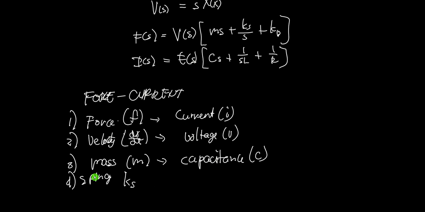Spring constant is equivalent to, this Ks is equivalent to 1 over L, inverse of the inductance, or reciprocal of the inductance.